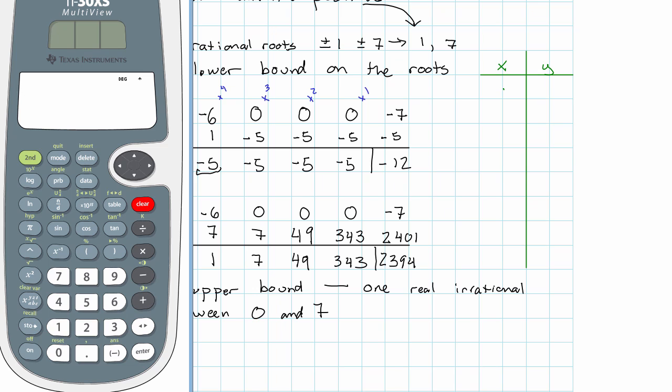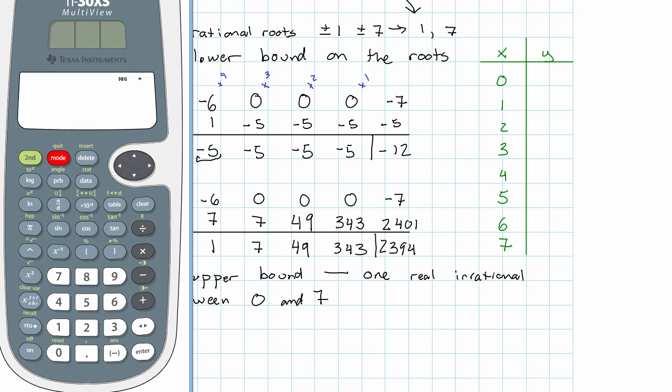And my x values are just the numbers from 0 up to 7. And then to find my y values, I'm going to go to my calculator. I'm going to go to my table, enter my polynomial, x to the 5th minus 6x to the 4th minus 7. And I'm going to start at 0.